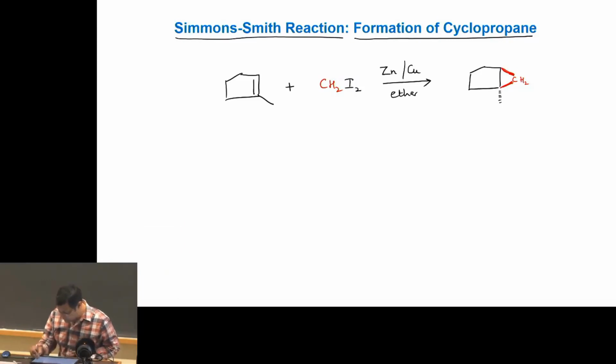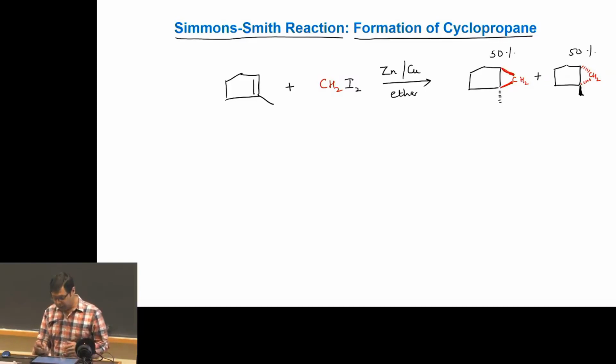You can also form the cyclopropane ring from the bottom, which means the metal group will be on the top. There is equal probability to form both these products, 50%, 50%. As you can see, both of these are enantiomers, so you will end up with a racemic mixture.